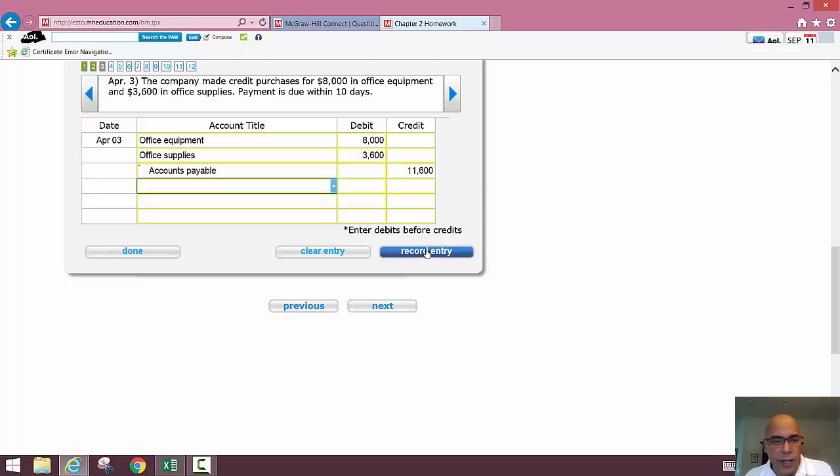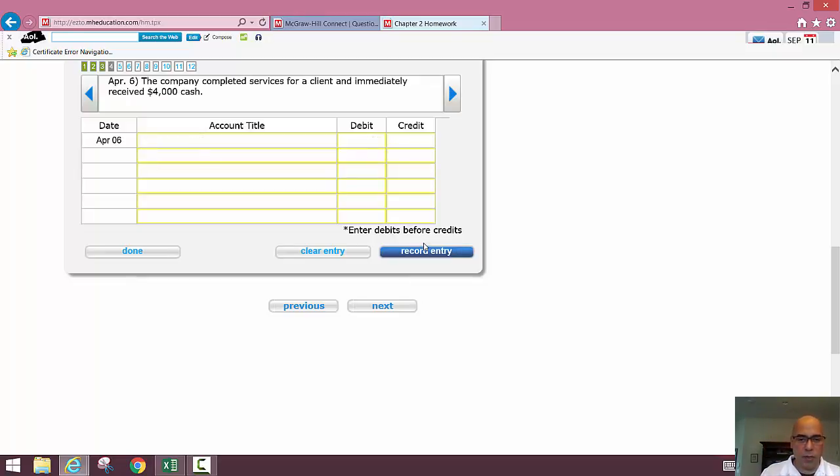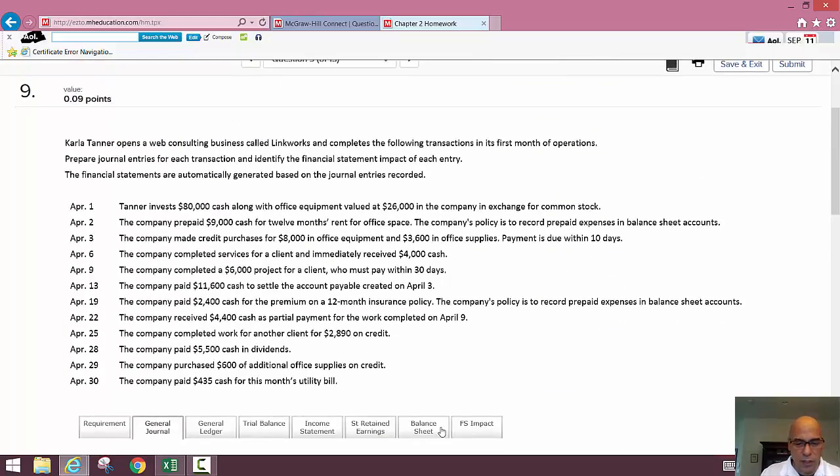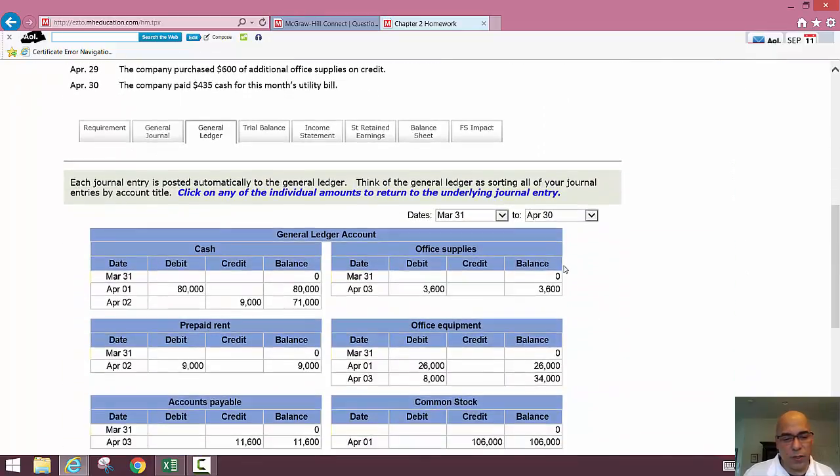I go ahead, and again, we have an entire balance sheet account, don't we? We have assets, we have liabilities, okay? So I record that entry, and when I look back at my balance sheet, I've been skipping my ledgers, haven't I? Let's just look at the general ledger real quick, because we're supposed to go from the journals to the ledgers and then pull the financial statements.